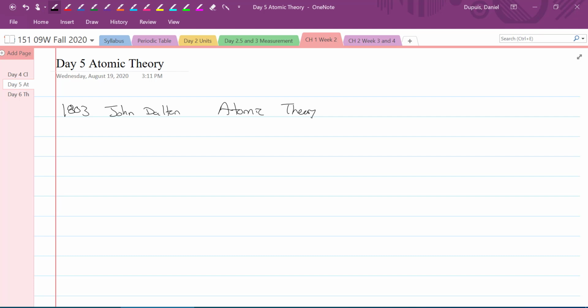He said that all matter consists of atoms. So all matter consists of atoms. That's what he came up with. Then he said all atoms of an element are identical.